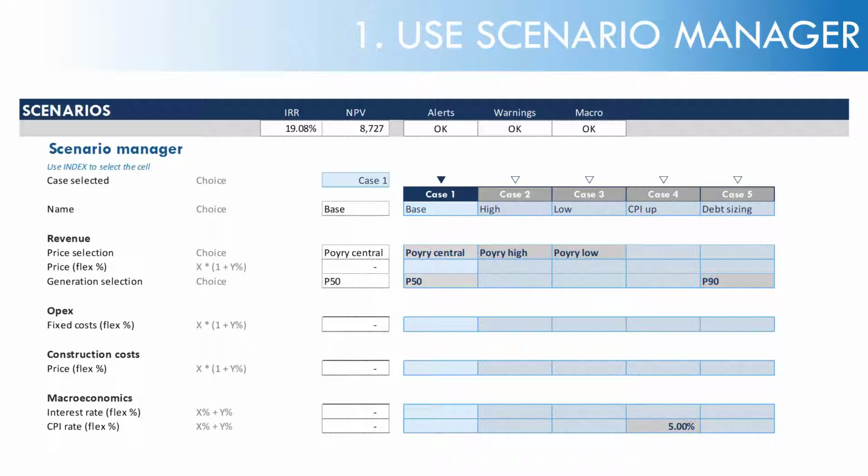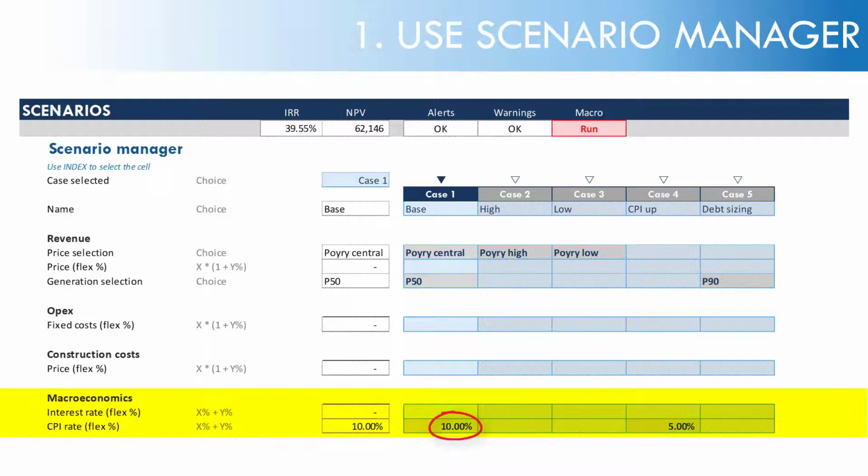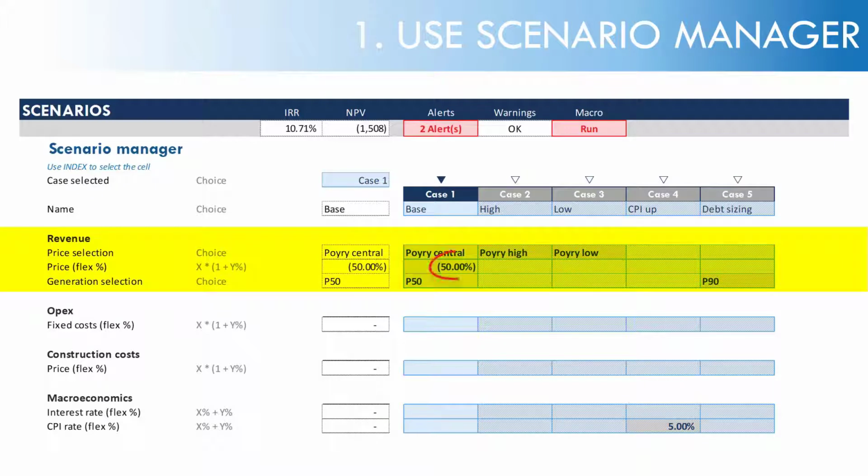For example, what if the construction costs increase by 100%? What if the inflation rate goes up by 10%? I.e., if CPI was 3% per annum, it is now 13% per annum. What if the merchant power price halves, meaning I only get half of my wholesale revenue?